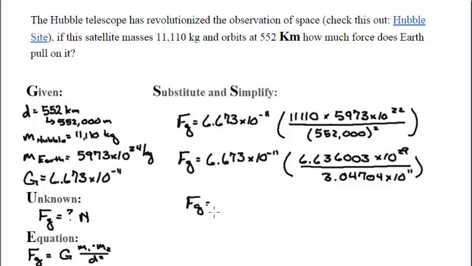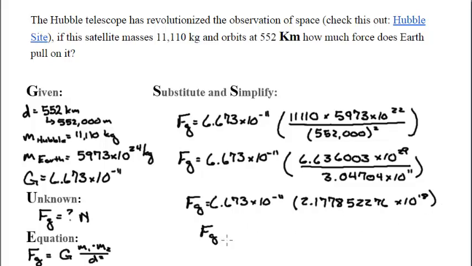Force due to gravity equals 6.673 times 10 to the negative 11 times the quantity 2.177852276 times 10 to the 18.